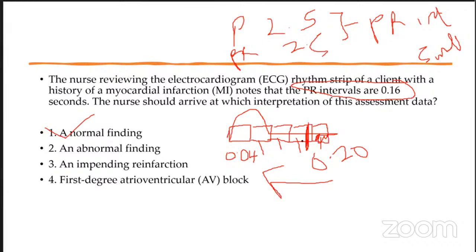Again, it's still within range, in as much as it is not more than 5 small boxes. We said if it's more than 5 small boxes, it's an abnormal finding. It means the patient may be having a first-degree AV block. But again, this patient's PR interval is less than 5 small boxes. So this would be a normal finding.